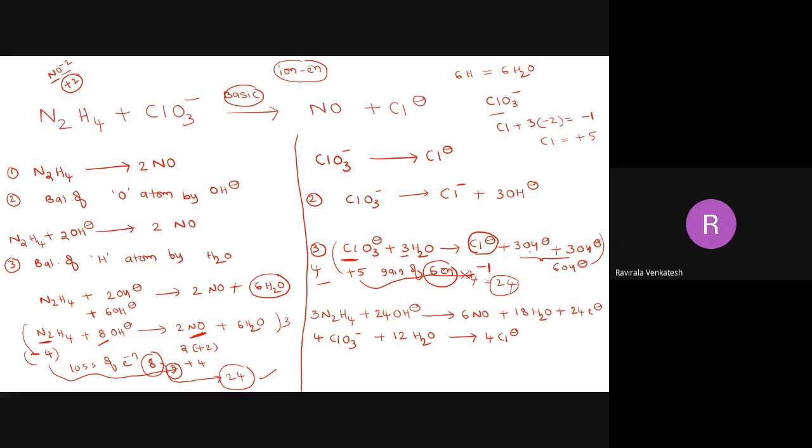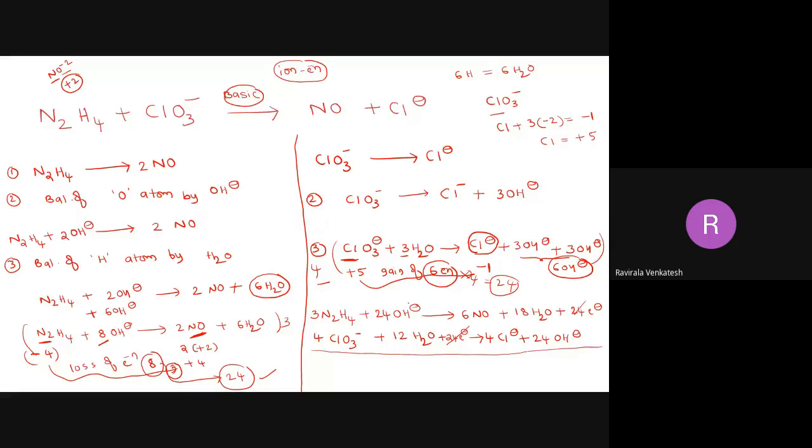Now 4 into 3, 12; 6 OH minus है यहाँ पर, 4 into 6, 24 OH minus. Now 24 electrons gain हो रहे हैं यहाँ पर, you are gaining 24 electrons. Now 24 electrons get cancelled, charge is balanced.